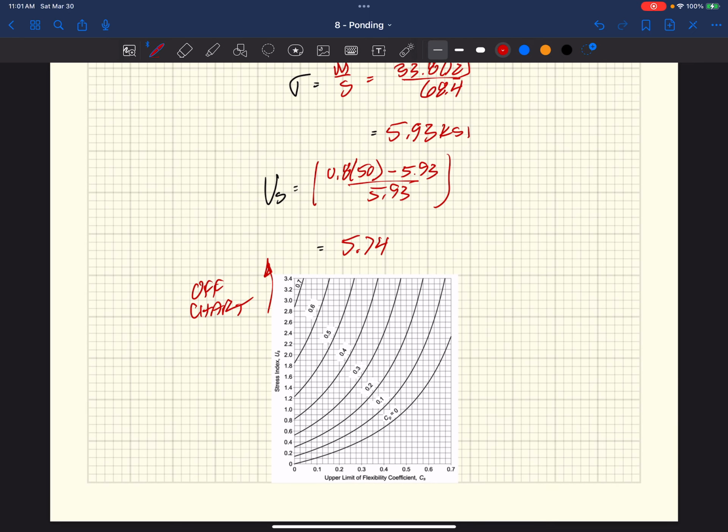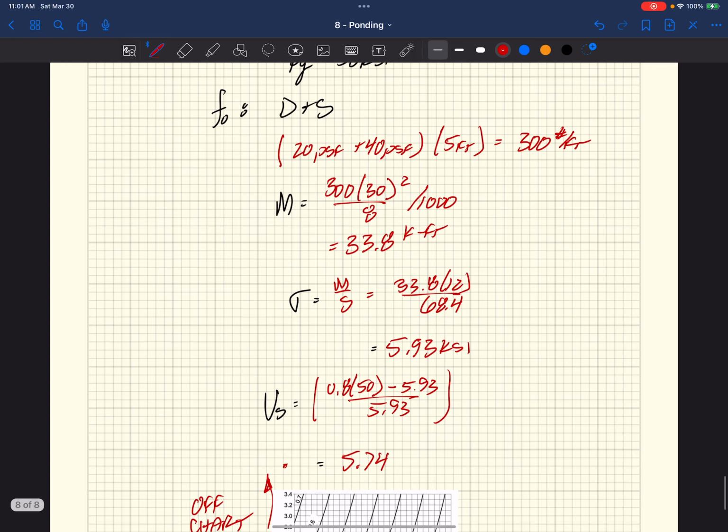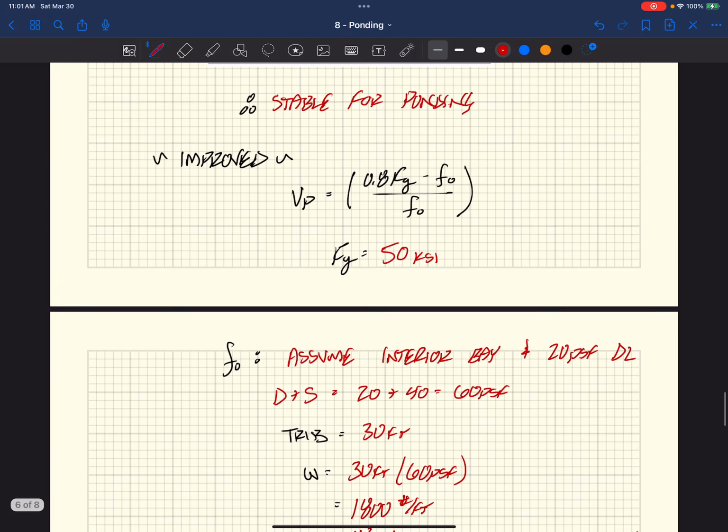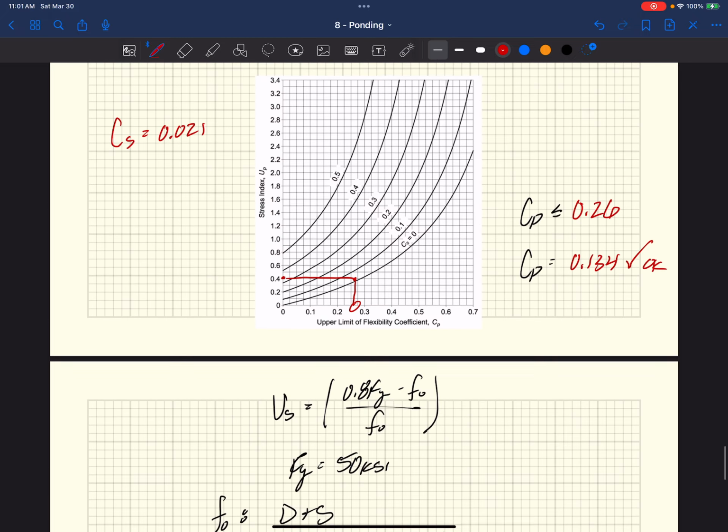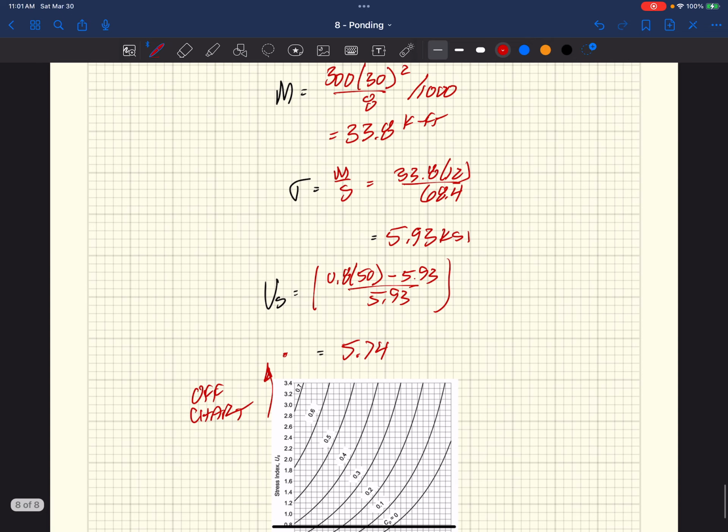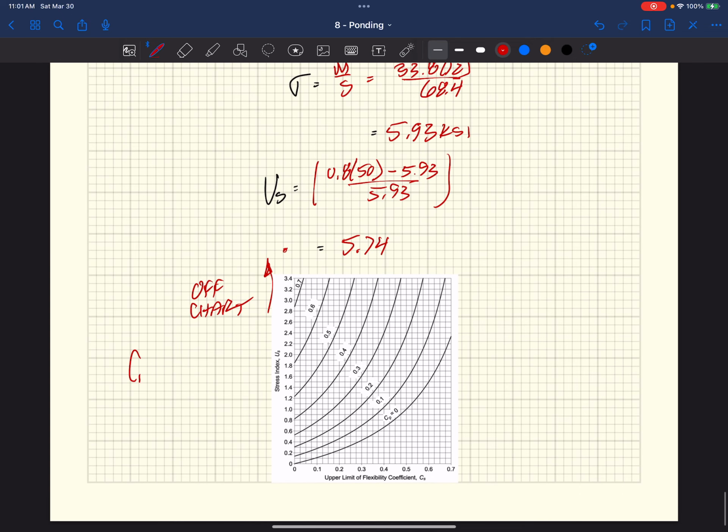So if we look at it, the limit's going to be way up here, we're going to then travel across until we hit our C sub P value, right? Which is, if we look back up here, C sub P was 0.134, right? C sub P equals 0.134.